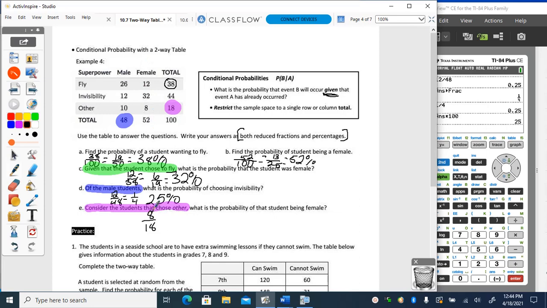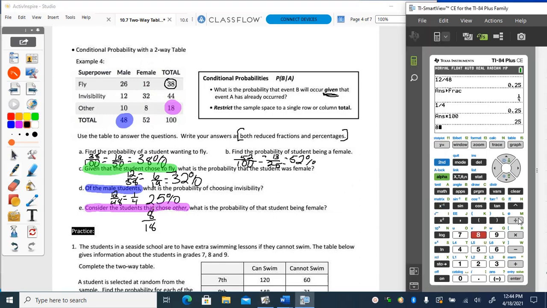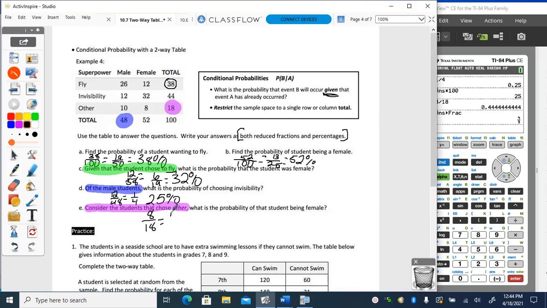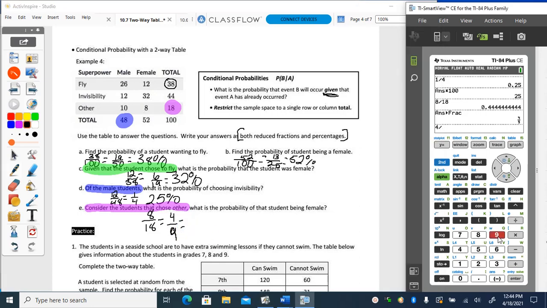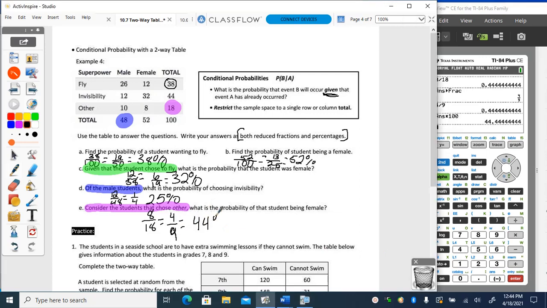Sorry, that would be 8. So we have 8 divided by 18. Reduce that fraction, and that's 4 over 9. Then we'll do 4 divided by 9 times 100, and that got us 44%. So we have 4 over 9 or 44%.